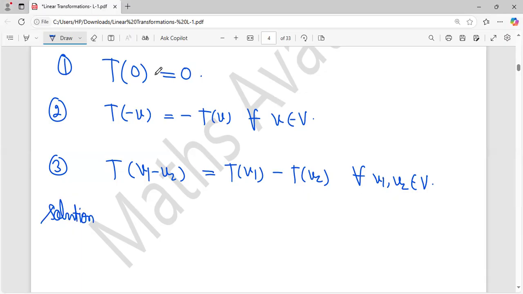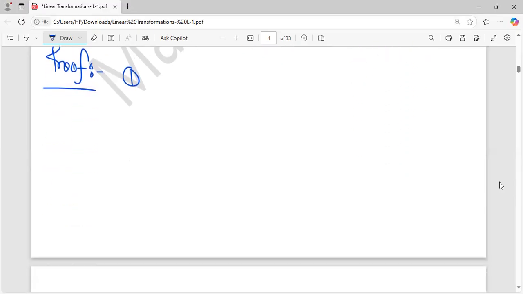So proof. First one, T of 0 is equal to T of 0 plus 0, I can write.